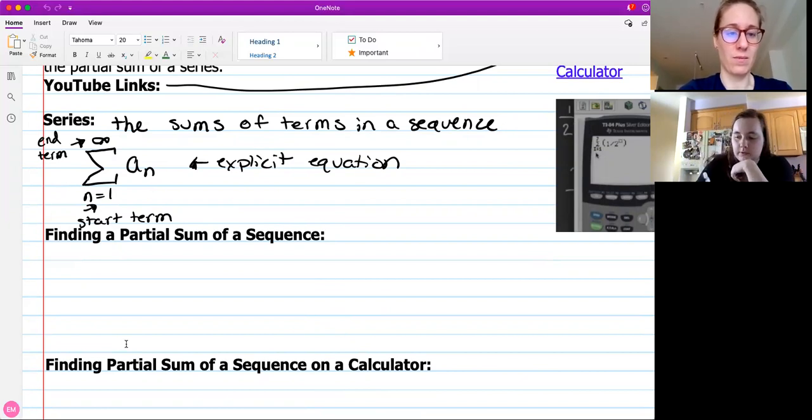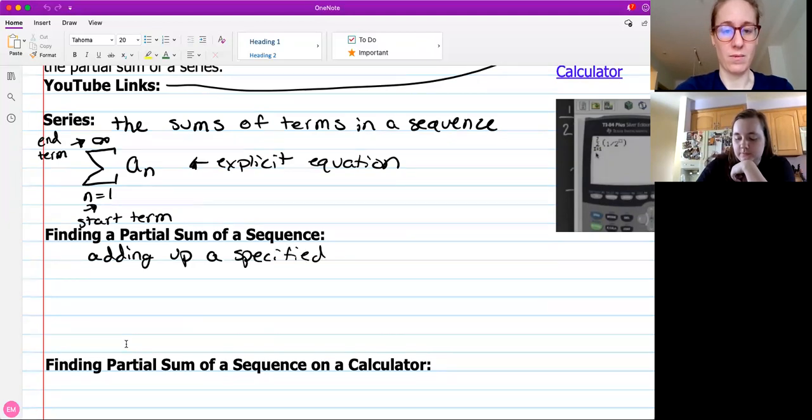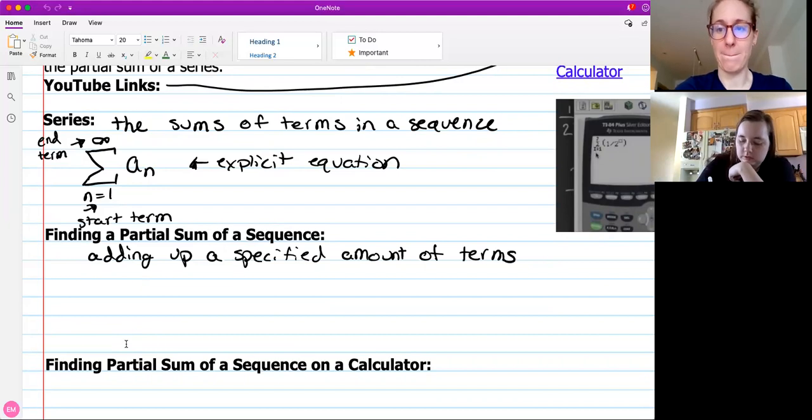So let's just write that really quick. So we're adding up a specified amount of terms in a sequence.